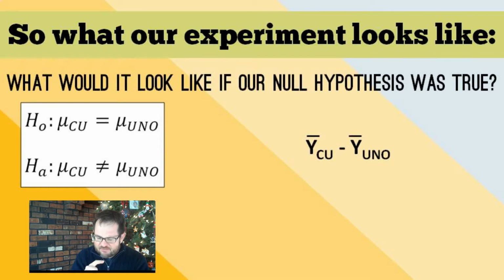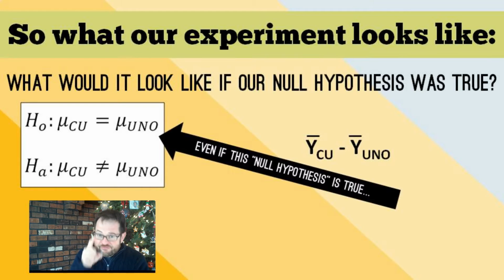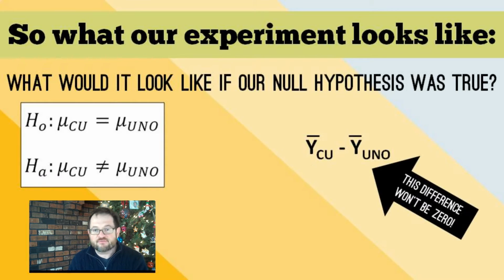That's an interesting thing, because here's the deal. Even if that null hypothesis is true, and I'm not sure yet whether I think it is or not, even if these two means are equal and that difference should be 0, the difference of the averages is not going to be 0. Because it's just a statistic.